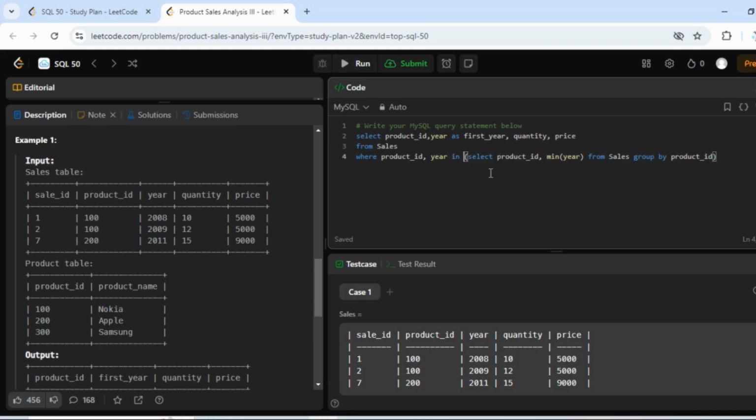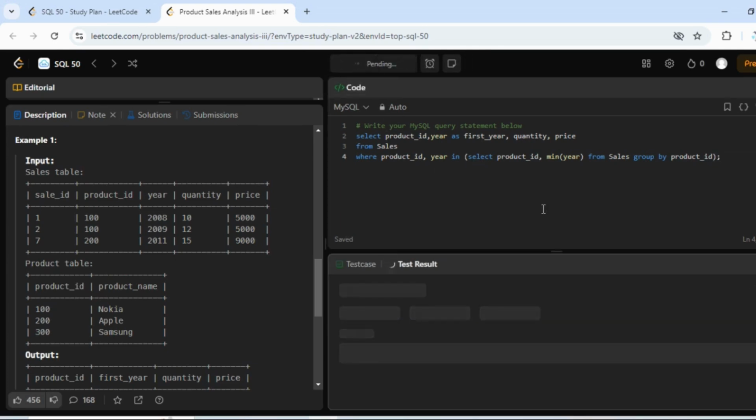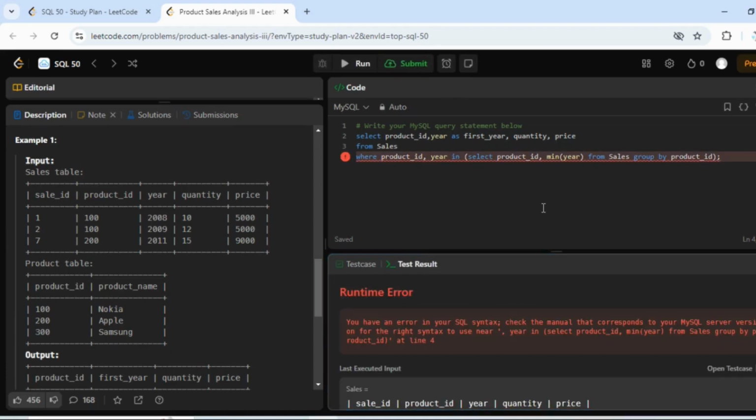These are the four columns. This product ID and year will be taken from the subquery, and consequently the relevant quantity and price will also be provided. And I hope this works. Put a bracket over here.